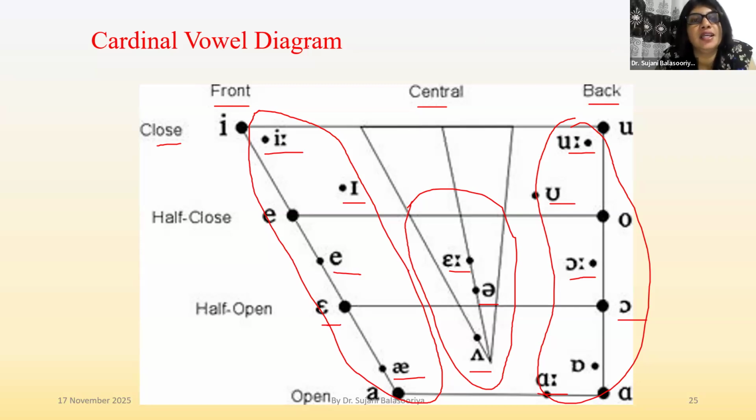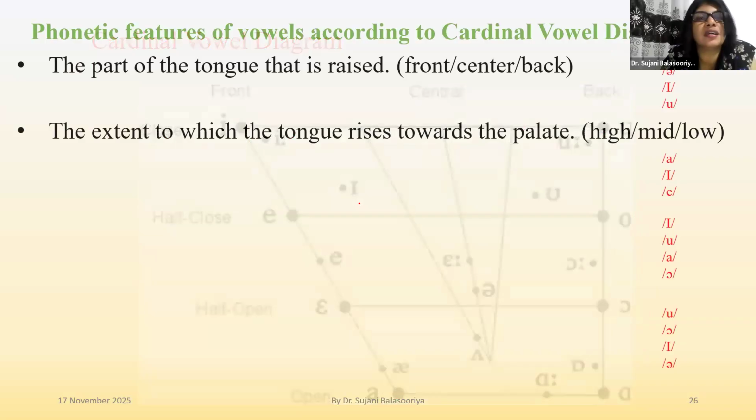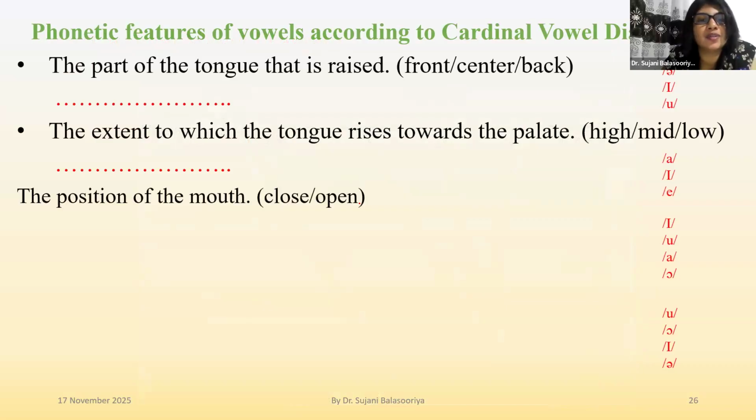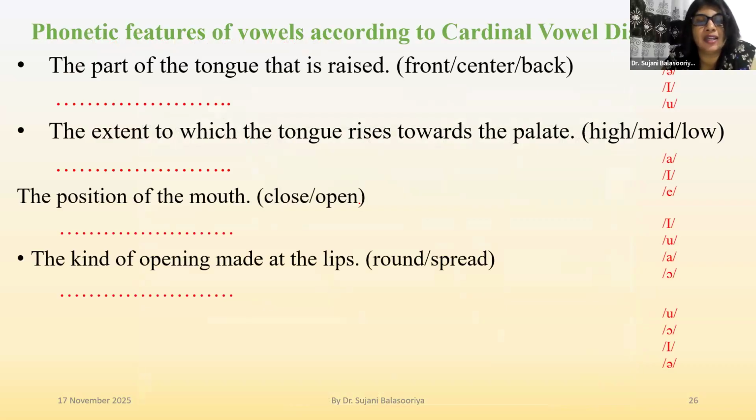Okay, well, so that is one classification of vowel sounds. And then now you have, okay, we'll have a look at this also, right? After that, I will go back to the cardinal vowel diagram.